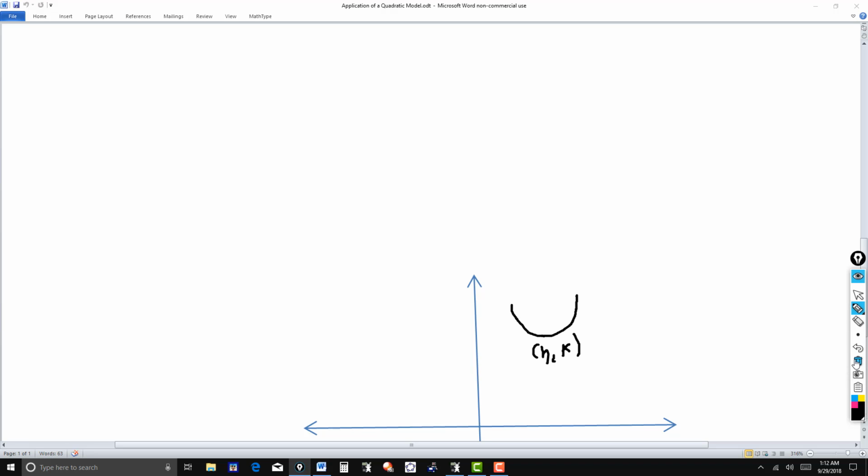Okay, so now let's suppose we're looking at a profit function, or it could be a revenue function. It opens this way, and in this case, the a value would be negative, and the vertex would be the highest point of the graph. We will label that as (h, k).